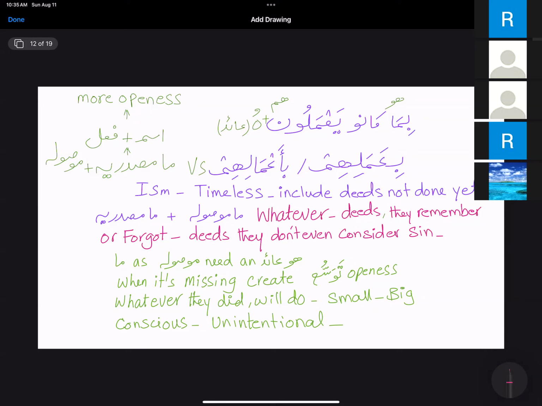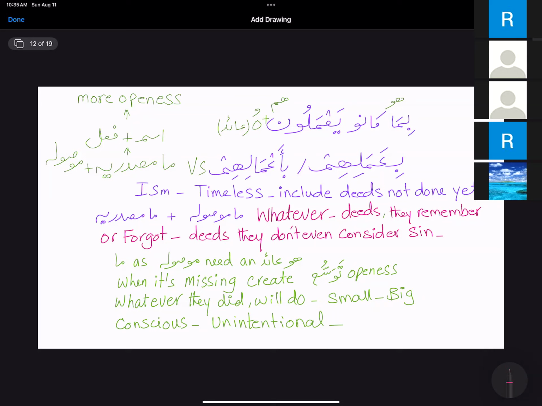Okay, so now bima kanu ya'maluna, right? Over here, the ayid is missing, more openness, right? And we can take it as a ma masdariya and ma mawsula. When we take it as ma mawsula, then basically we have a fa'il in it. And when we take it as ma masdariya, we are referring to ism, and ism is timeless.